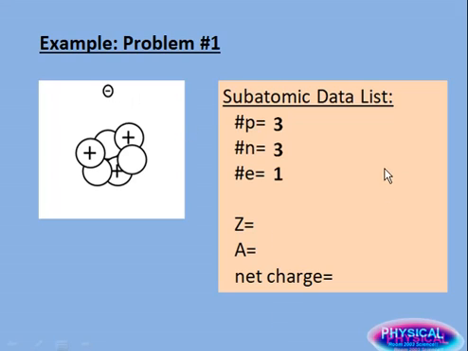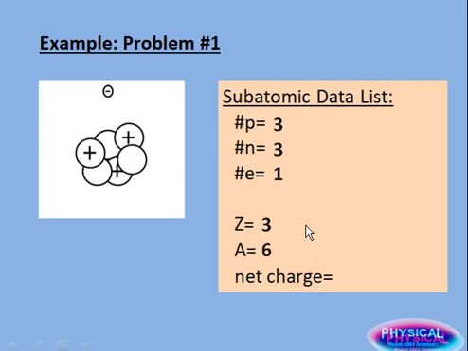Well, by knowing these, I can fill in quite a bit of this down here. Because I know P, and going back to the review slide, I know that P and Z are equal, so Z equals 3. Because I know P and N, the number of protons plus the number of neutrons is the A, I know that A is equal to 6. And because I know the E, I can get the net charge. How do I do that?